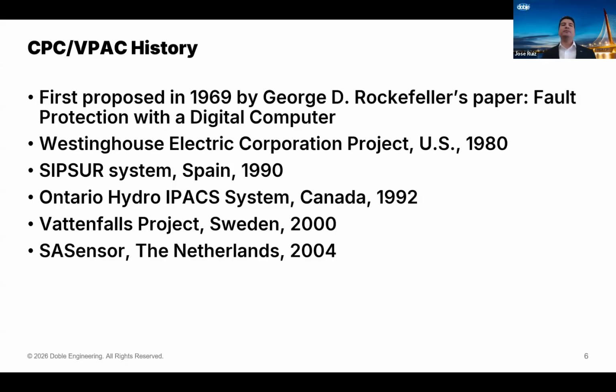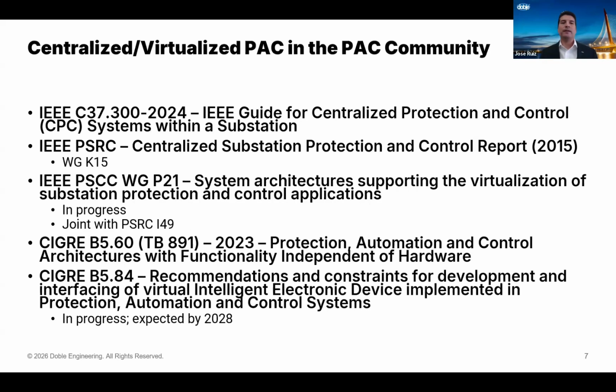So as we can see here, we start from the concept all the way to real projects, especially in Europe, which basically show how the centralized protection can do what multiple devices are able to do in a typical microprocessor-based substation. So what does the community from IEEE and IEC say about it?